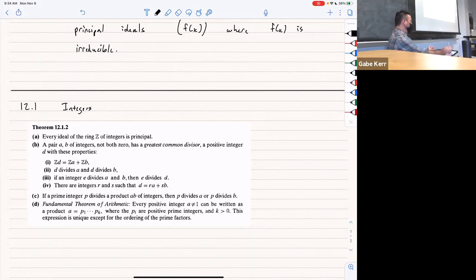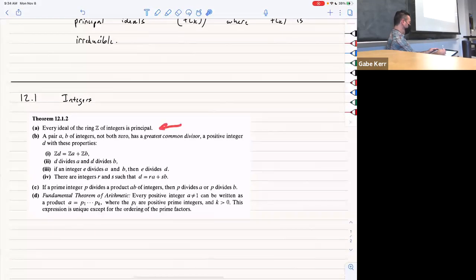A is the first notion, that all the ideals of the integers are principal. We've already talked about this notion of a principal ideal, but we'll get into it a little more in this chapter: every ideal of the ring is a principal ideal.